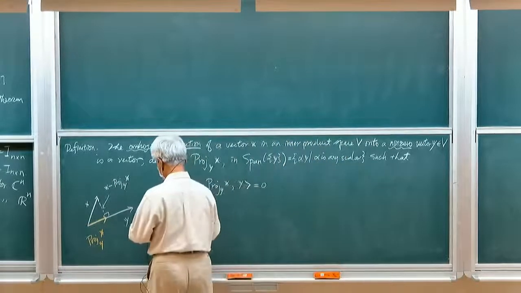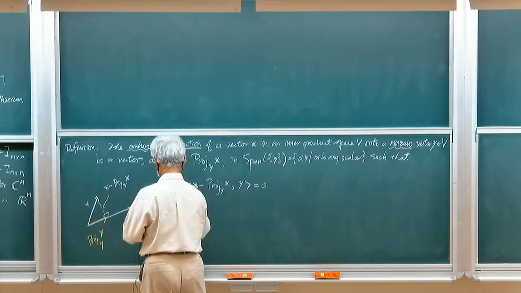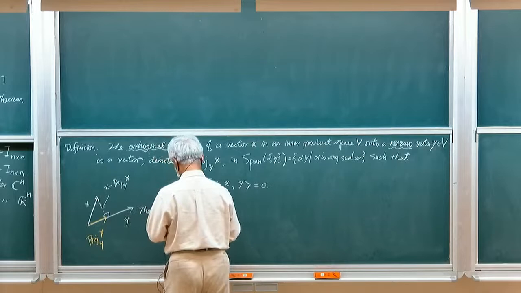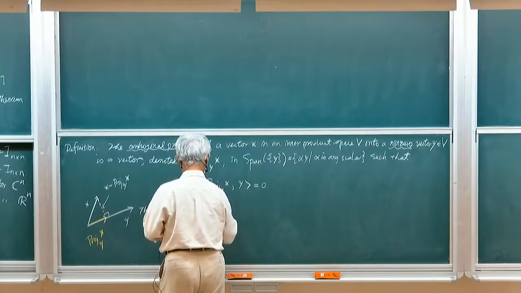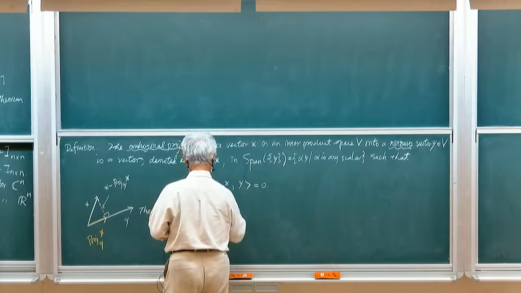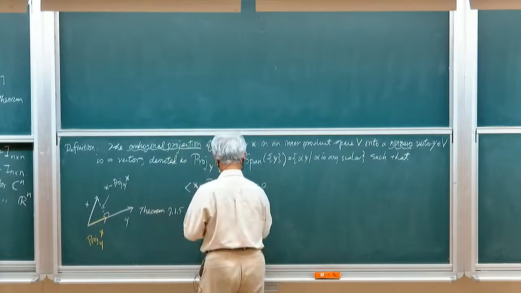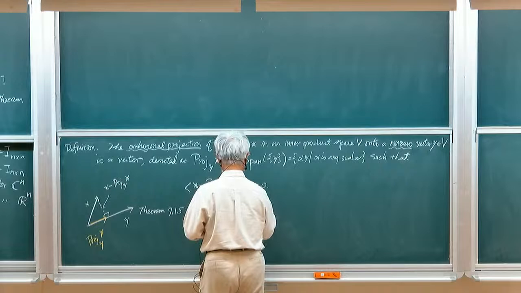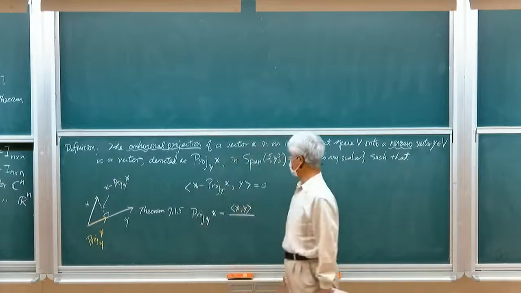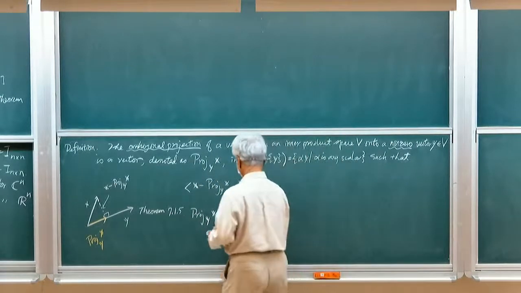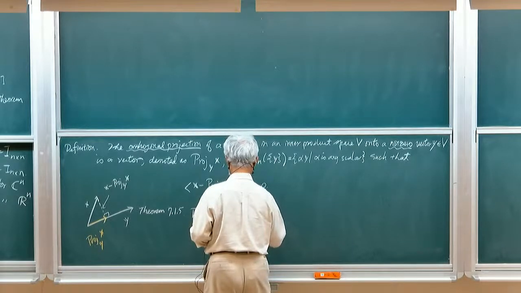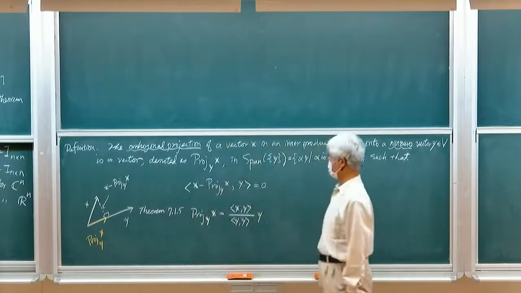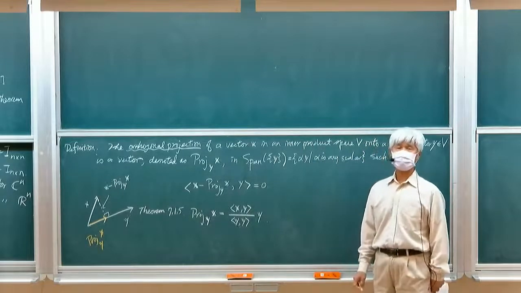Theorem 7.1.5: PROJ Y X is equal to the inner product of X and Y over the inner product of Y and Y. Okay? So this is our result.